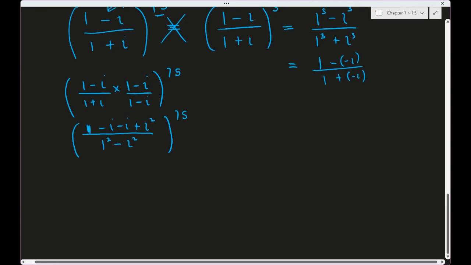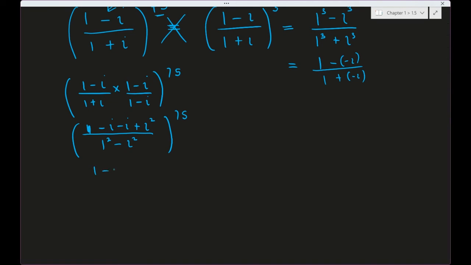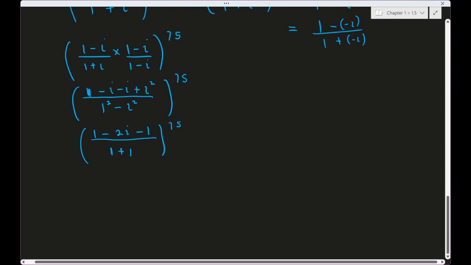So now, if you look at this, this will become 1 minus 2i, and this will be minus 1, over 1 plus i square, so this becomes 1 plus 1. And now we still have power 75.